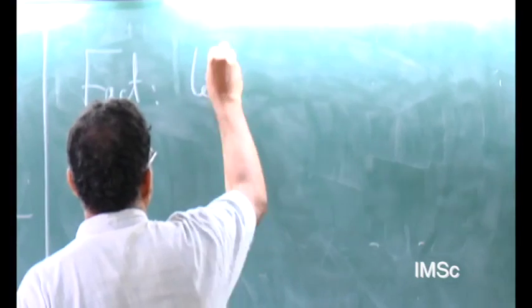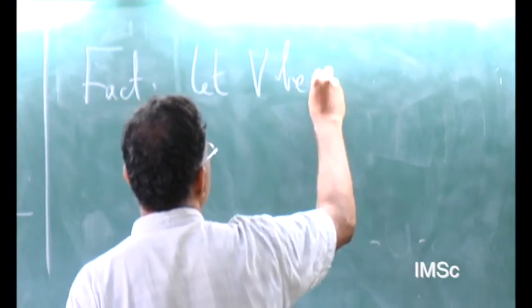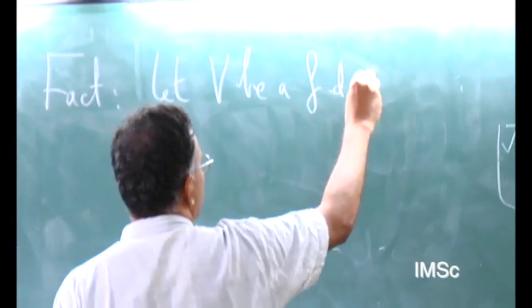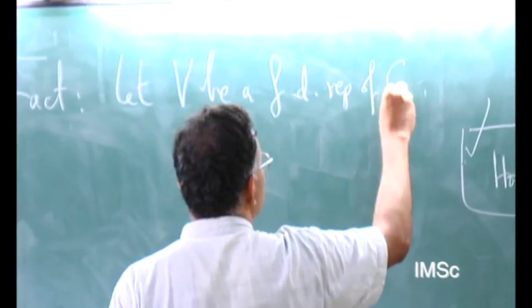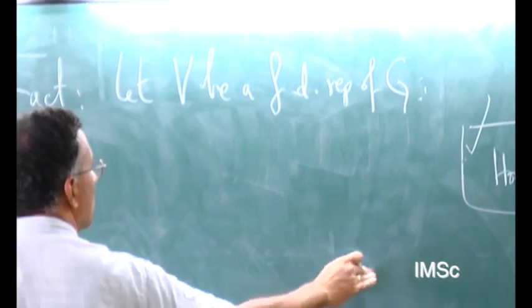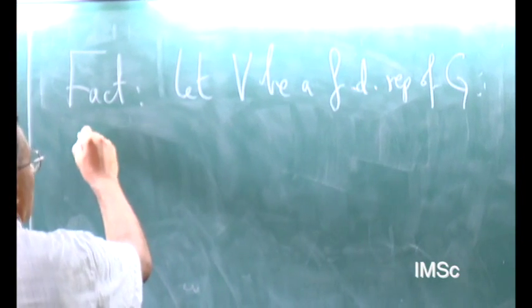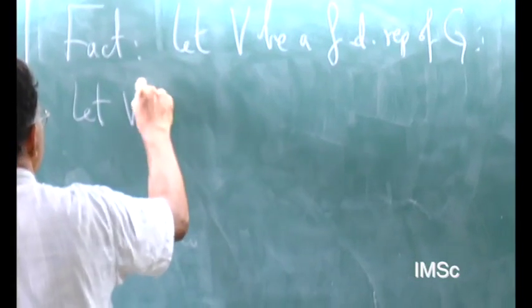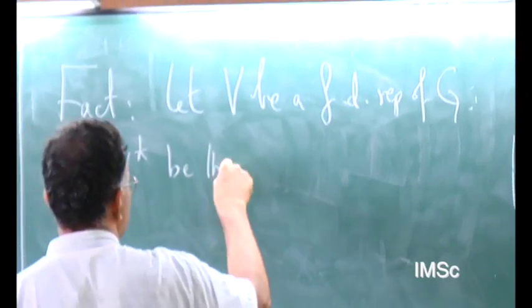Let V be a representation of G. So it's a finite dimensional representation of G. Let V star be the dual representation.